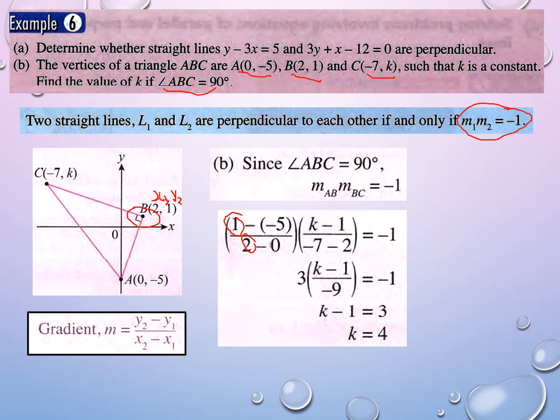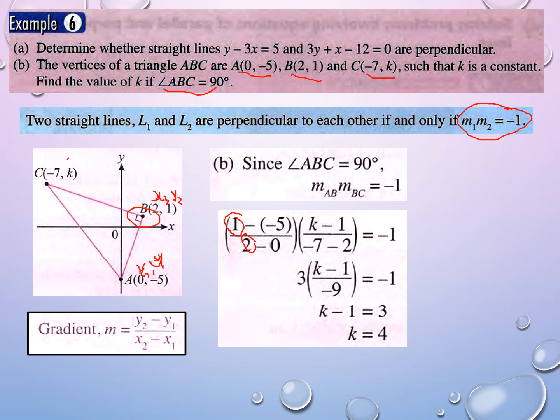Then y2 minus y1, so y1 is here. It is very hard to write using this. y1, x1. So negative 5 is y1, 0 is x1.